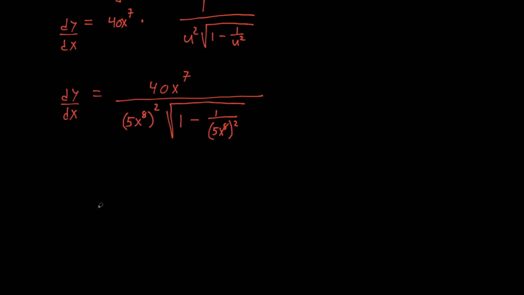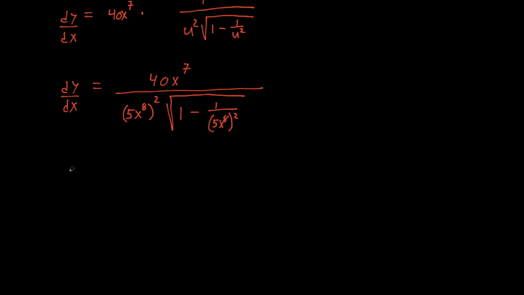And let's rewrite that one more time as dy/dx equals 40x to the 7th over 5. We'll actually square this whole thing.